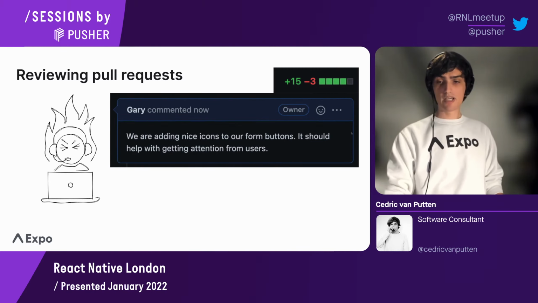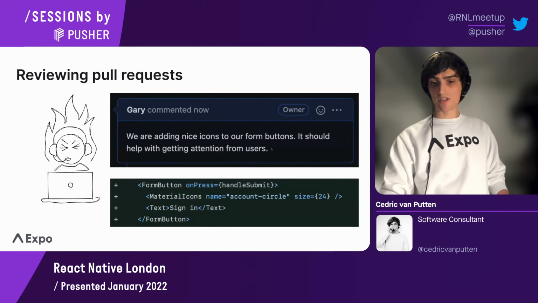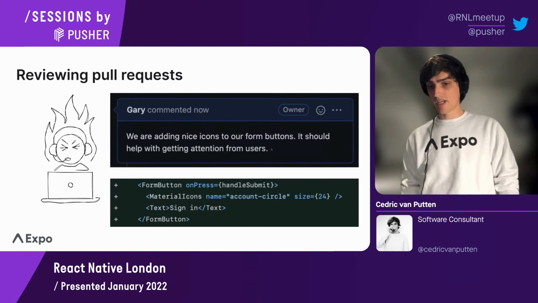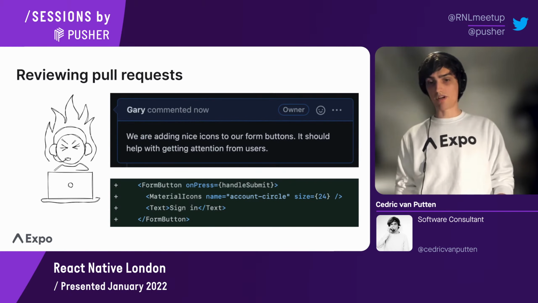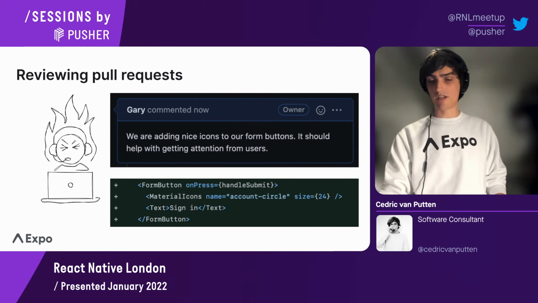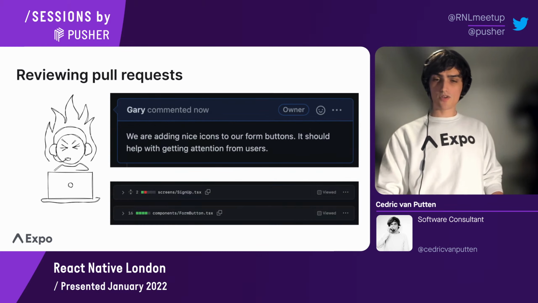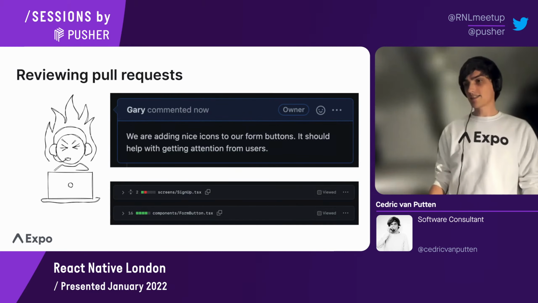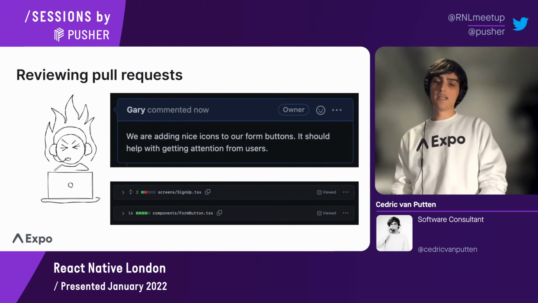So next up, Gary would check the actual change. And in this case, it's the same change that we already had in the previous example. It's the form button being changed with an icon. So again, he only sees that these files are changed.